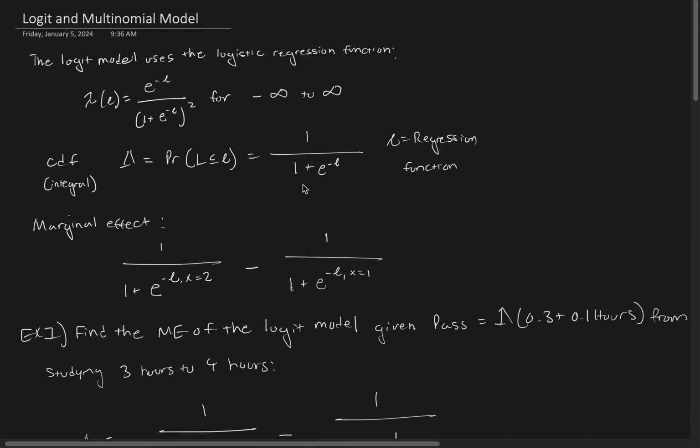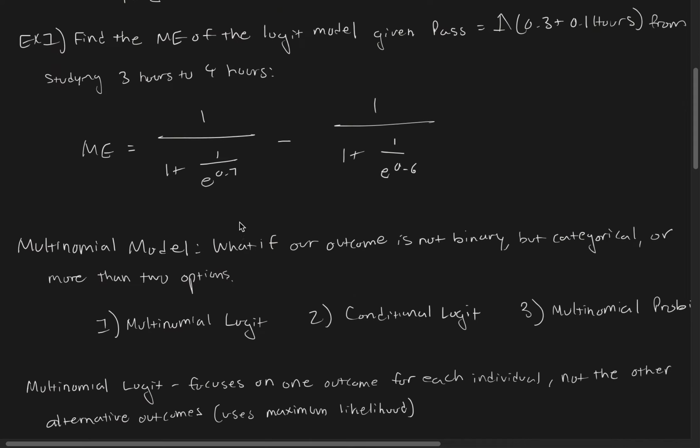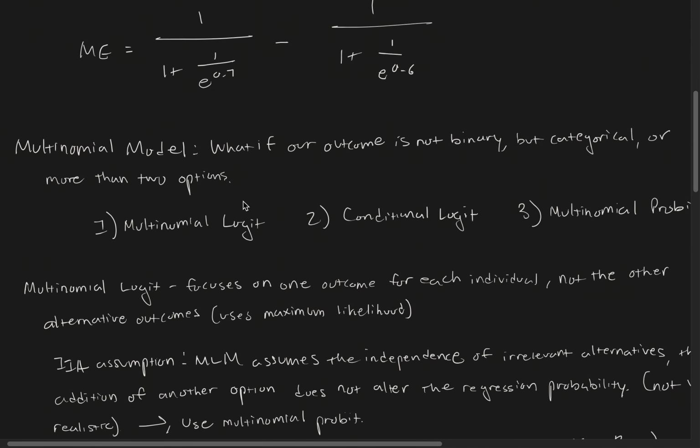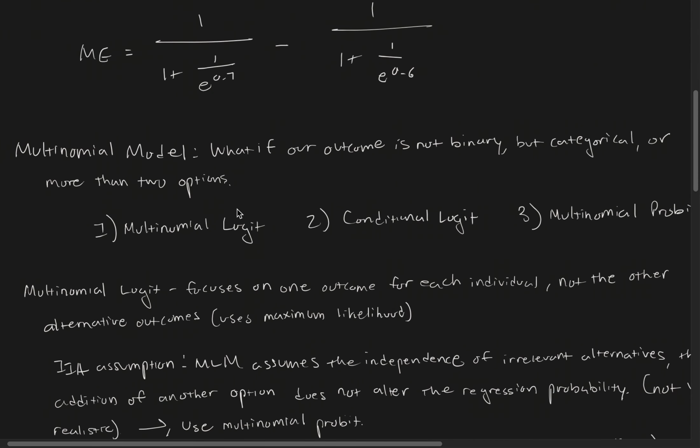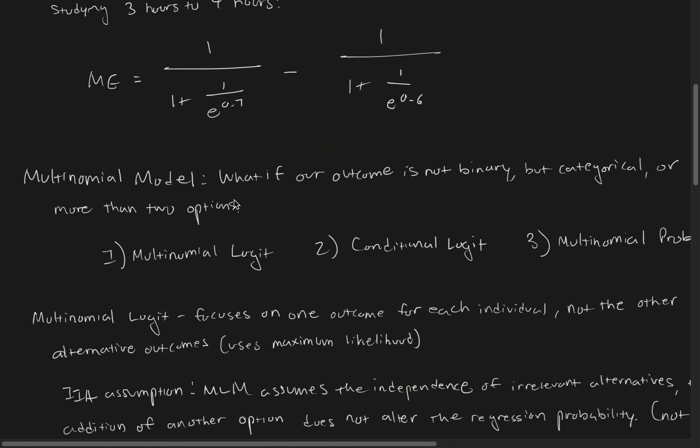All right, so those linear probability, probit, and Logit models are mostly what we use to find an outcome in the form of a binary variable, so yes or no, just a probability of 1 or 0. Whereas we use a multinomial model where our outcome is in the form of a probability, but it's not binary.